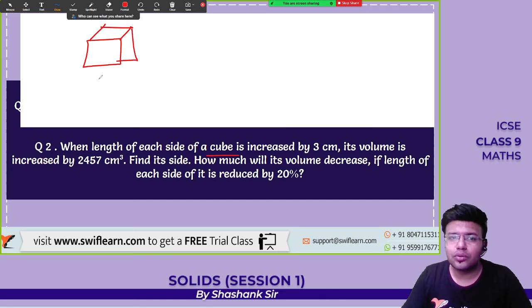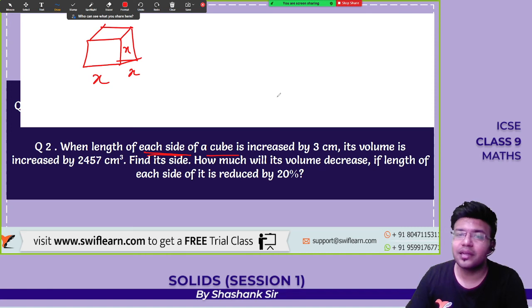So let x be each side. When the length of each side, not only the length, each side, is increased by 3 centimeter.